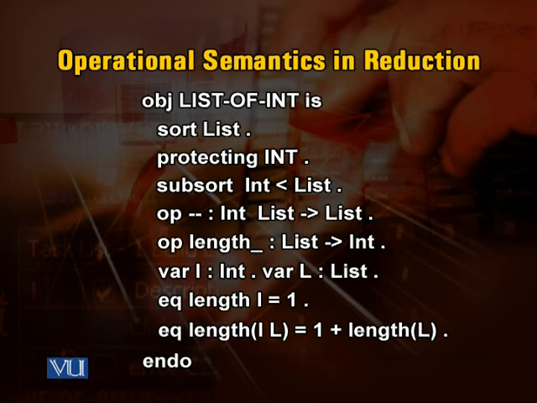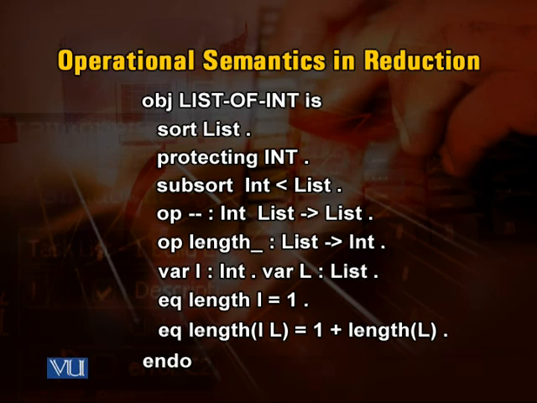So we have op int list, which gives a list, op length list, which gives an integer, var I colon int dot var L colon list. So these are two variables. I is integer and L is list.